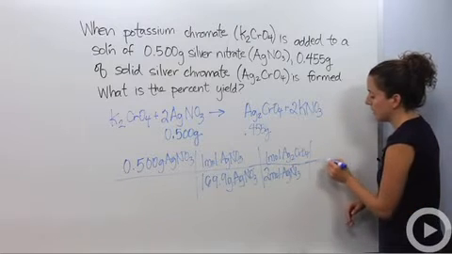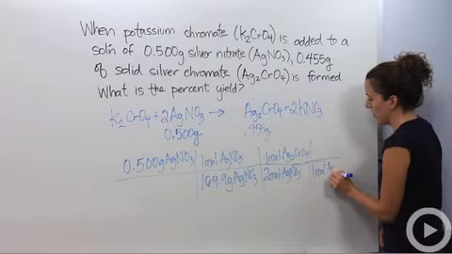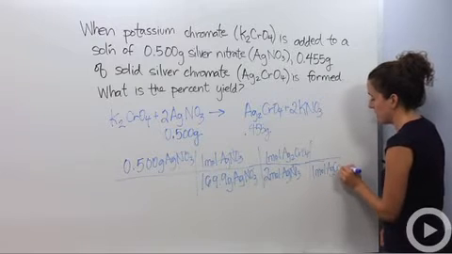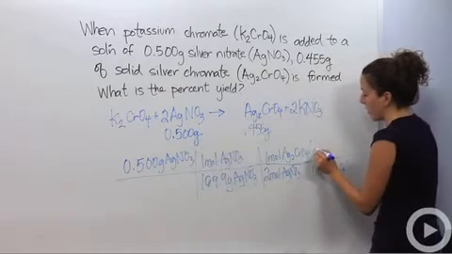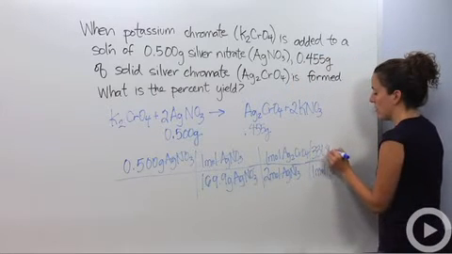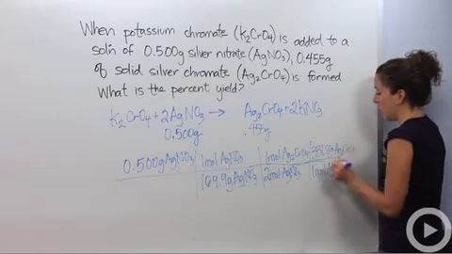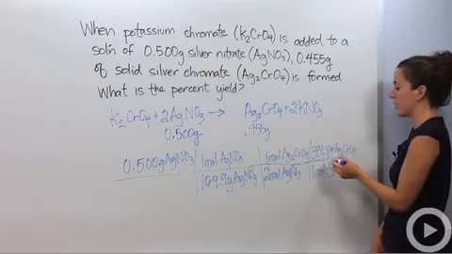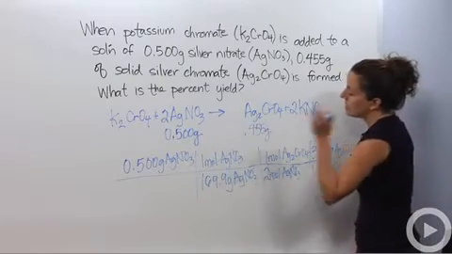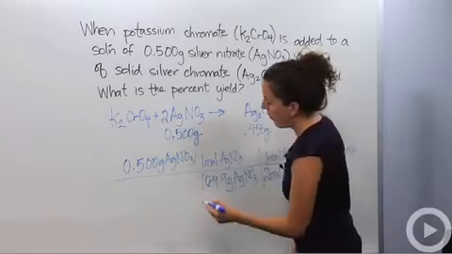So I do the molar mass, 1 mole of Ag2CrO4 is actually 331.8 grams of Ag2CrO4. Okay, so doing all these calculations, 0.5 times 1 times 1 times 331.8 divided by 169.9 divided by 2 divided by 1 will give me 0.488.